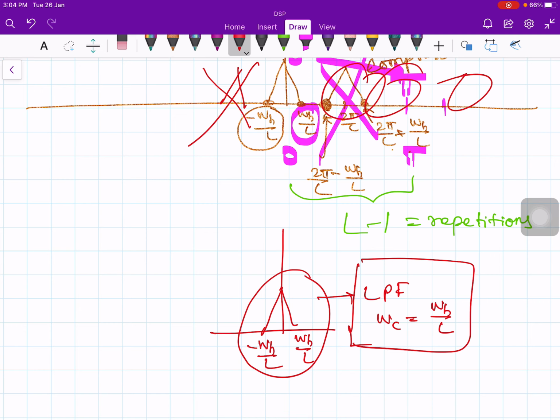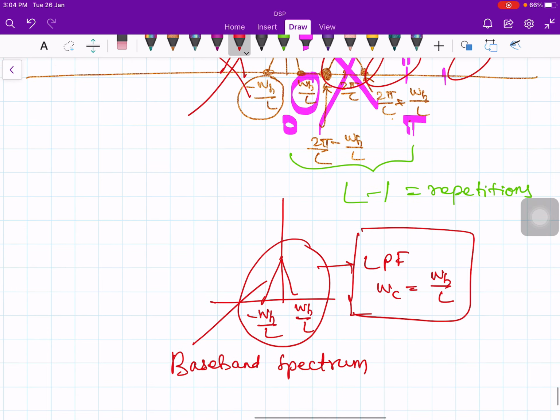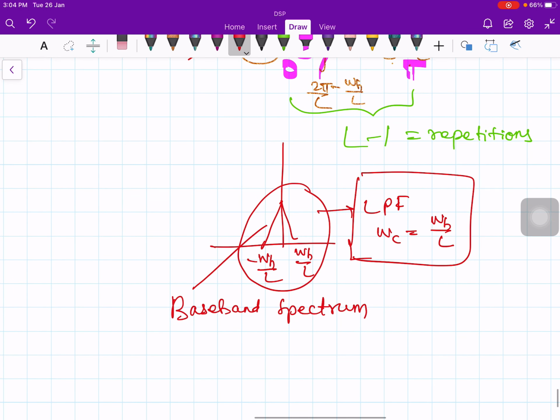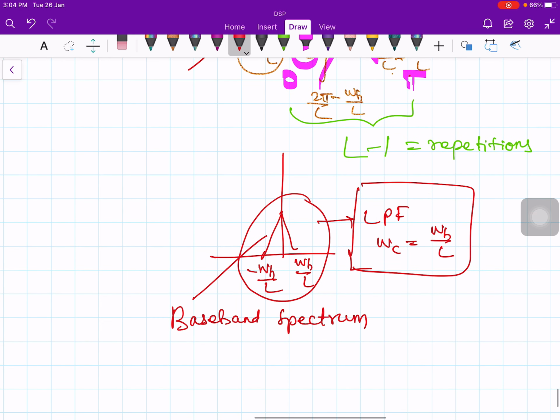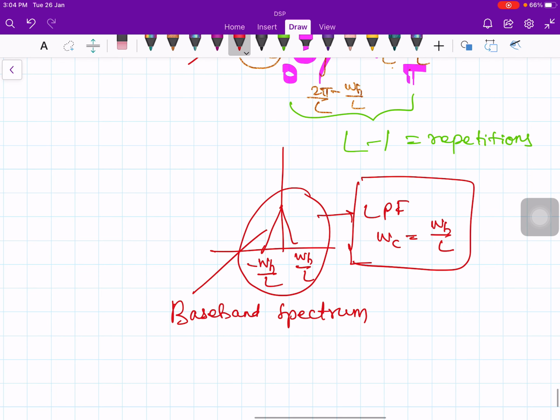Therefore the baseband spectrum is retained with the help of the low pass filter, and all the rest is removed. Otherwise your further processing will give you unreliable results or nonsense results.